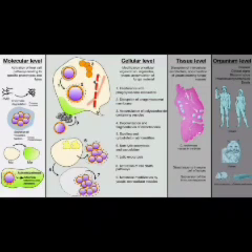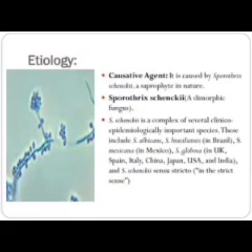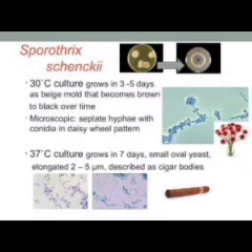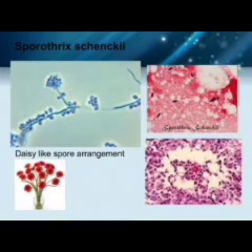Other things we want to talk about: Coccidioides can be stained with PAS stain and hematoxylin and eosin stain. Septate hyphae, they have barrel-shaped arthroconidia and some budding in chains, endospores.